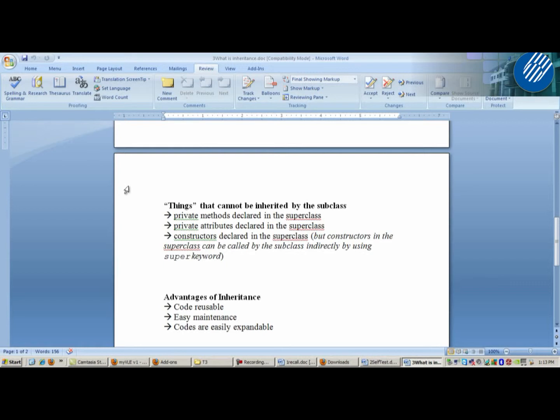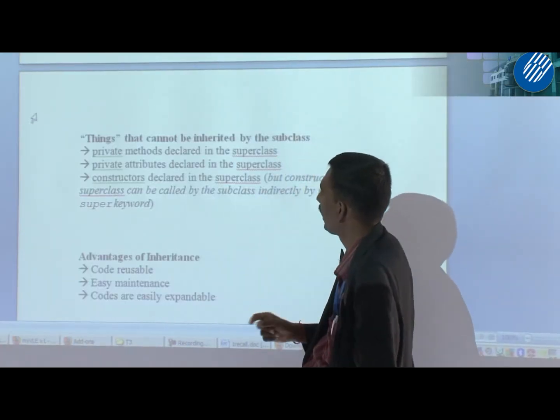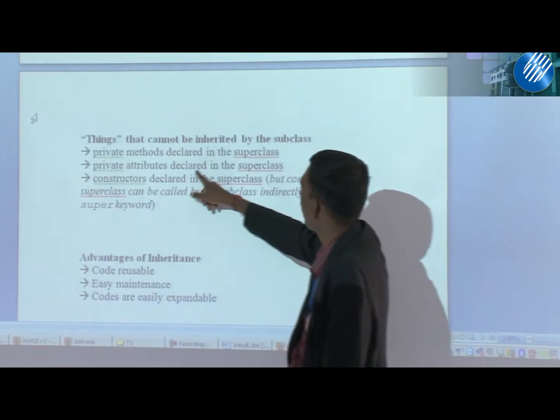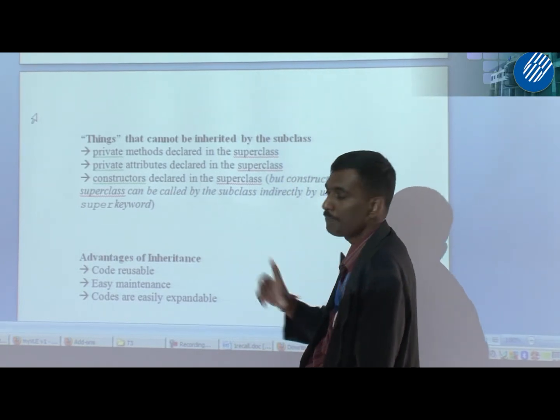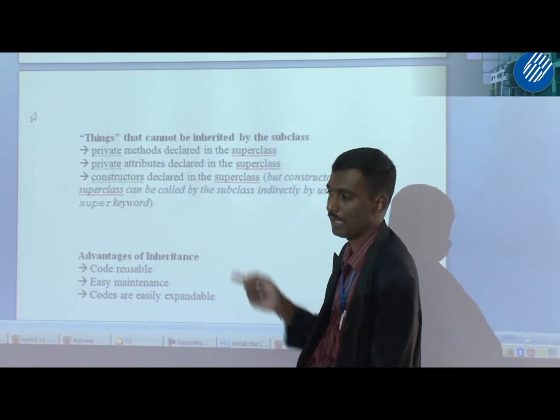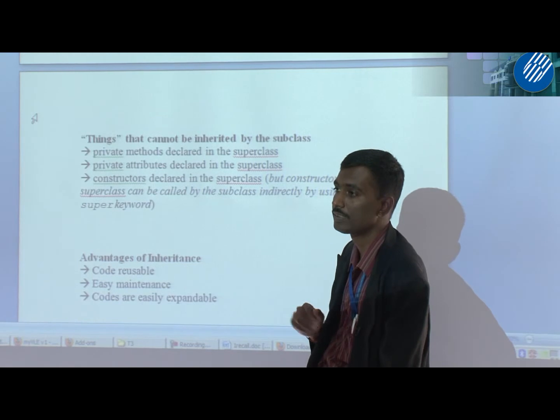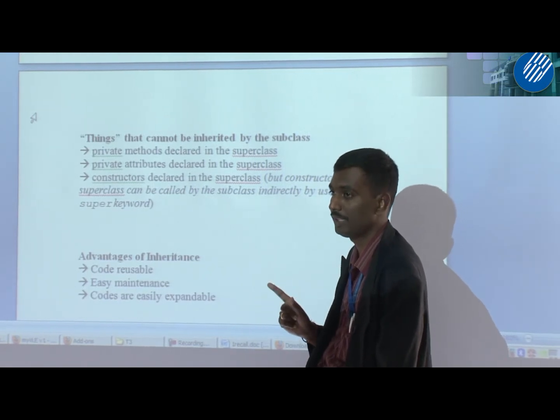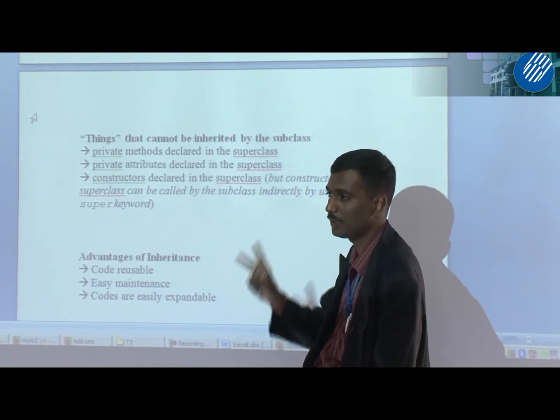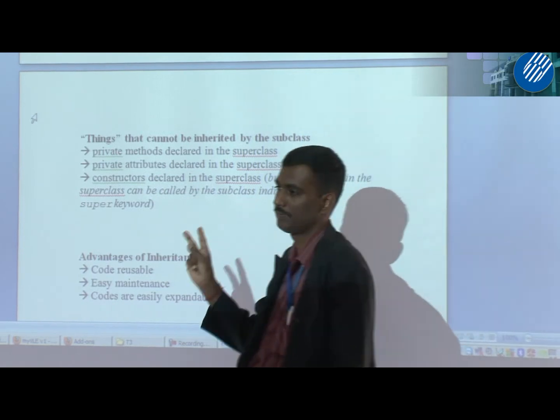Okay, always remember, private methods. If you declare a method as private in the superclass, subclass cannot use it. Cannot use it means subclass cannot call it, cannot invoke the method in the superclass. Private attributes declared in the superclass: any private attributes that you declare in the superclass cannot be called by subclass. Remember, anything you declare as private in the superclass, subclass cannot use it.